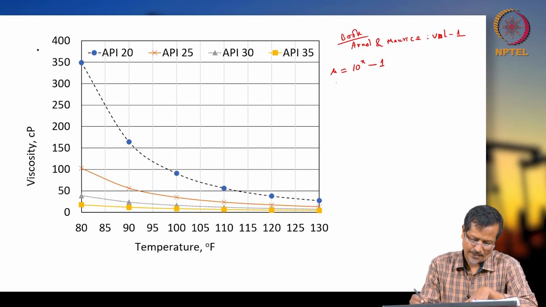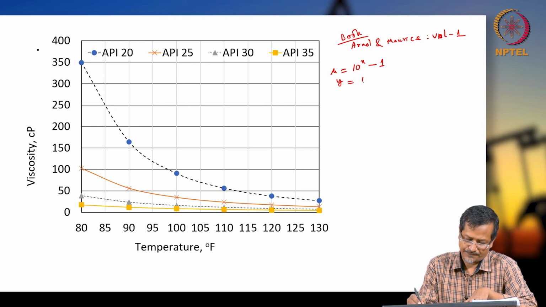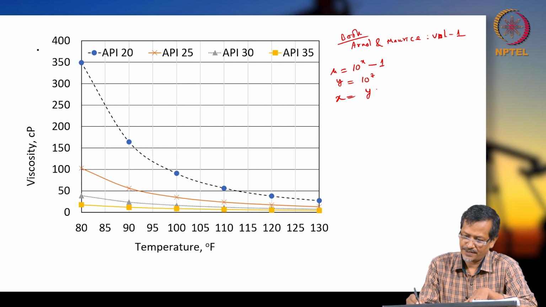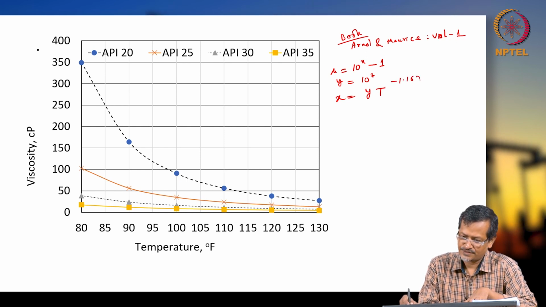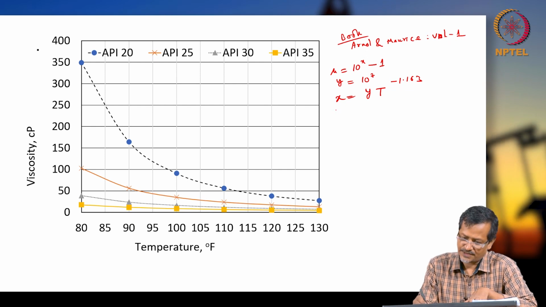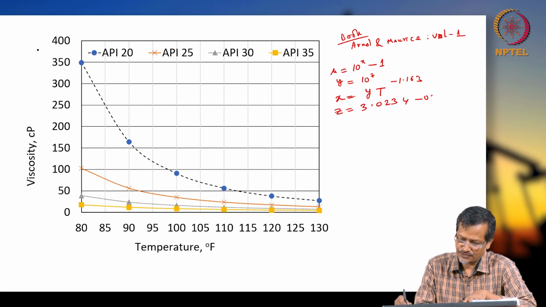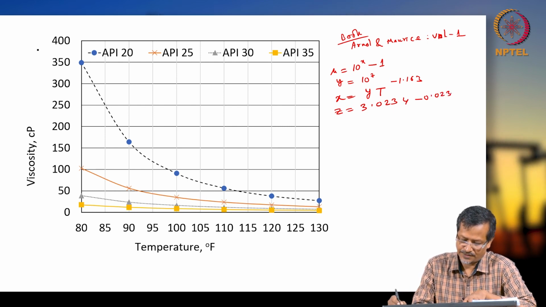Y equals 10 power z, x equals y into T power minus 1.163, and z equals 3.0324 minus 0.0203 G.